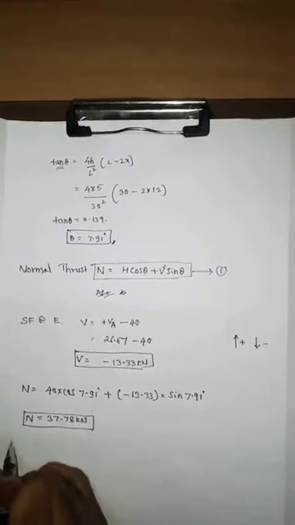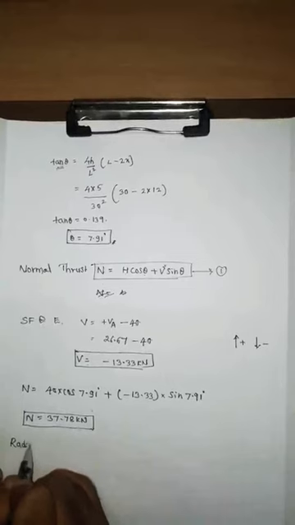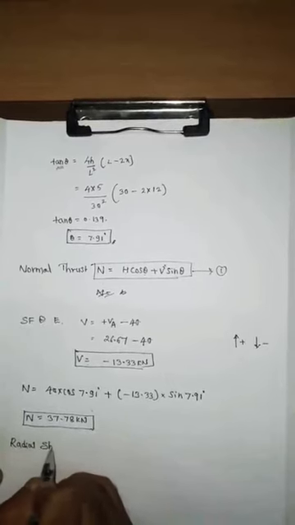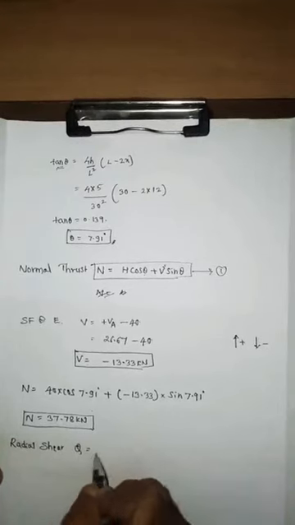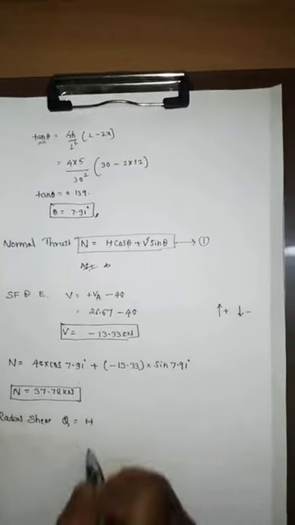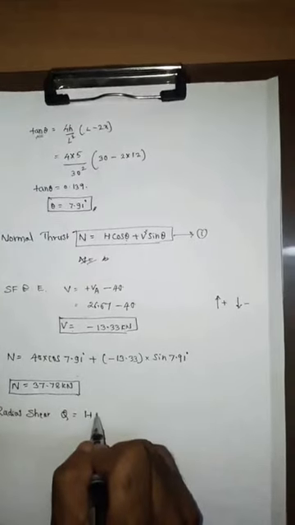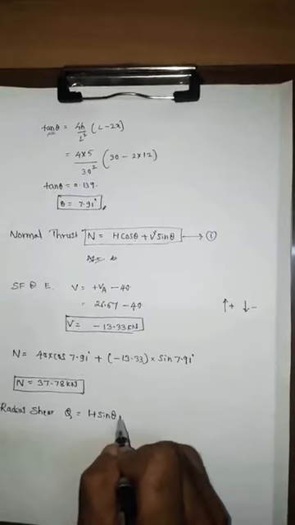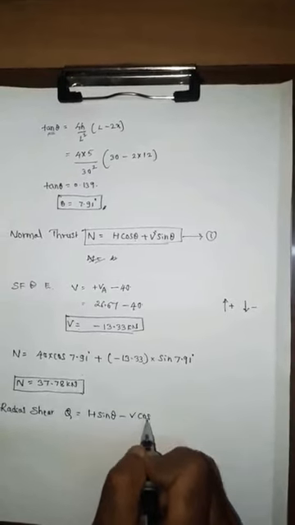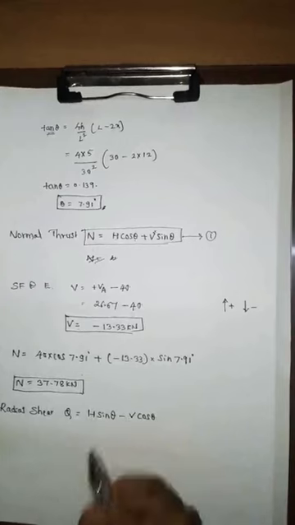Now similarly the radial shear, the second thing they have asked here, is denoted by Q. Q is equal to H sin theta minus V cos theta. We have seen this already in session 1.